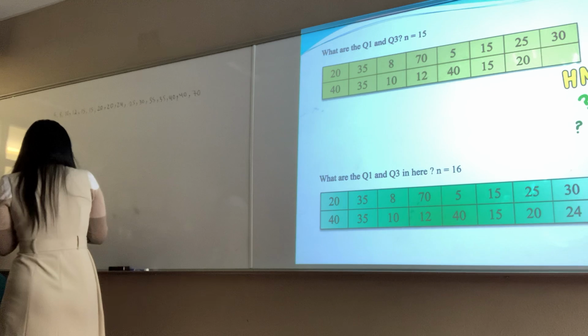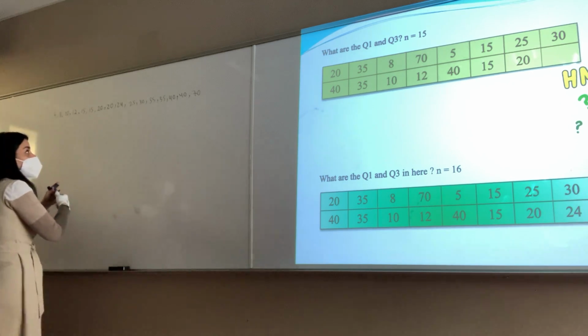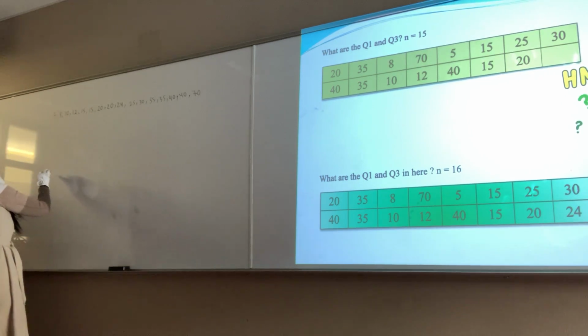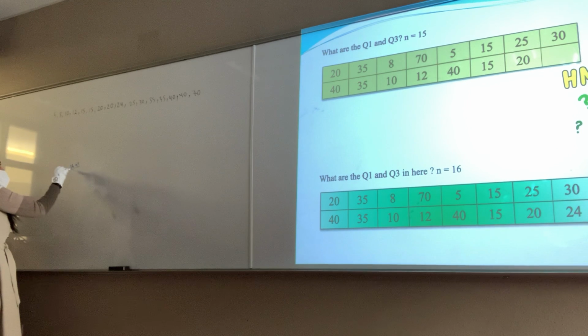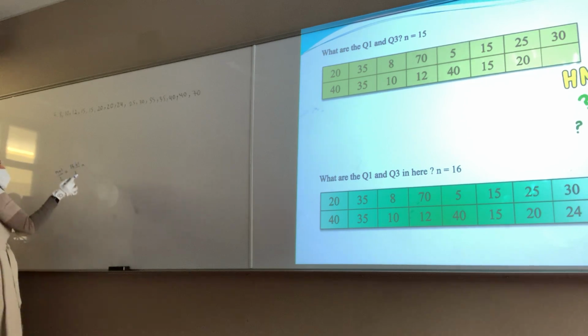Okay, so I will use the formula, right? I'm going to say n plus 1 divided by 2. So what should I write down instead of n? 16. 16 plus 1 divided by 2 is 8.5?